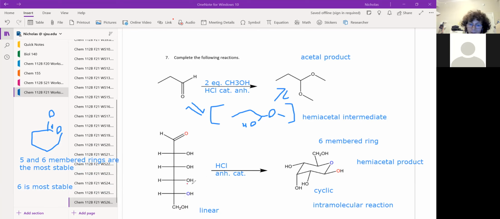Suppose we started with this alcohol, then if you number from the nucleophile to the electrophile, yeah, okay, so that's 5. Just going to redraw that. This is 5, which is still pretty good, but it's not as good because 6 is the most stable. So this might react a little bit, and I think it does actually, but not a whole lot because that's less stable.